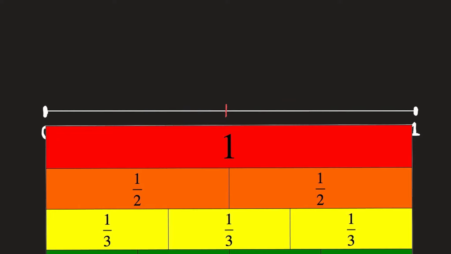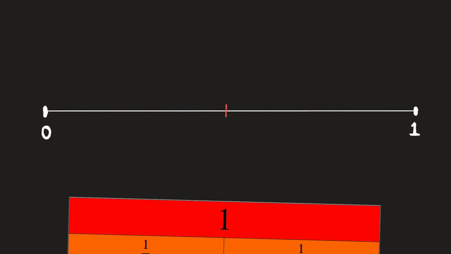Let me move the equivalent fraction representation out of the way and just show you that this would be 1/2, and this would be 1/2. So this is 1/2, and this is 1/2. And 1/2 and 1/2 together make a whole, okay?